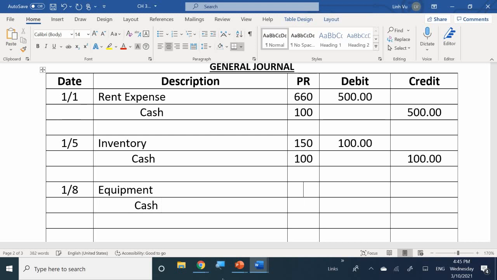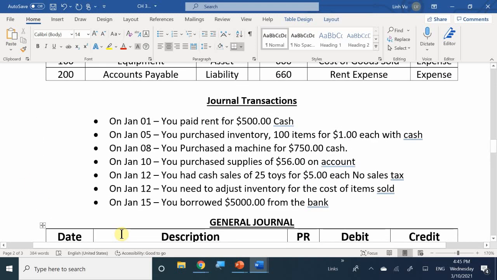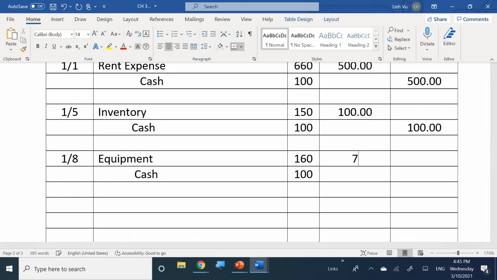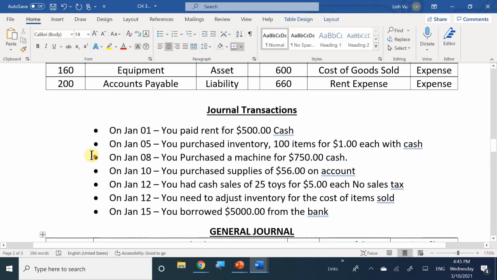Equipment was account 160, and my cash account was 100. Now, how much was that machine worth? $750, assuming no sales tax. Good. Let's see what happened next.